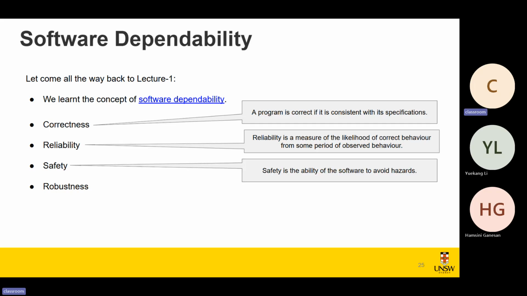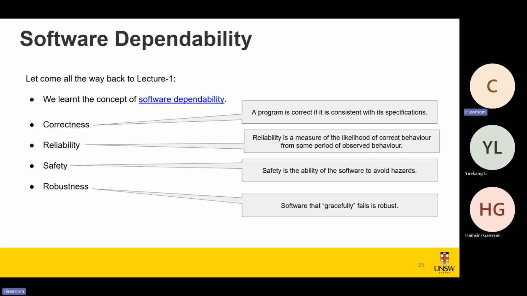Safety is the ability to avoid some hazards. And robustness means the software can gracefully handle failures. So let's think about which one of these properties could best represent software dependability in the context of testing.